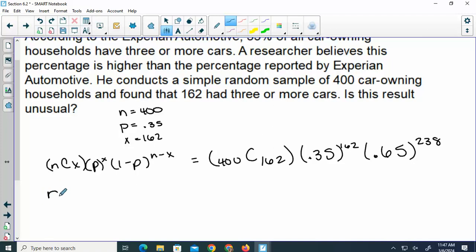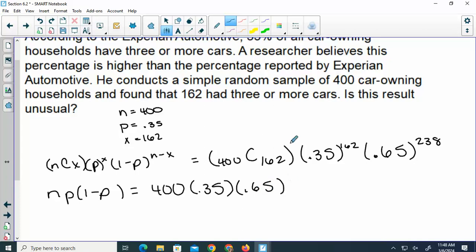So if we look at n times p times 1 minus p, my n is 400 times 0.35 times 0.65. We get 91. That is bigger than 10, so we can say this is bell-shaped data.